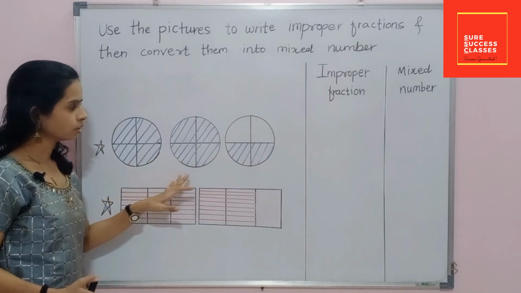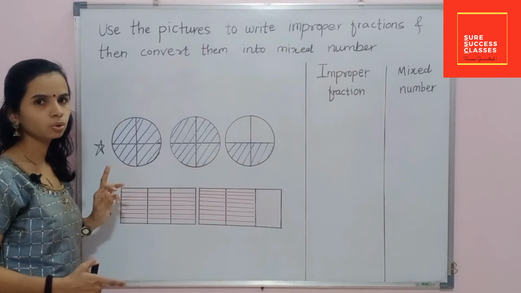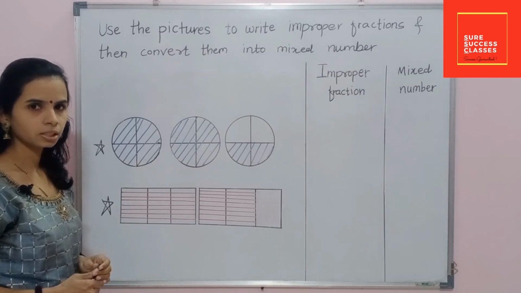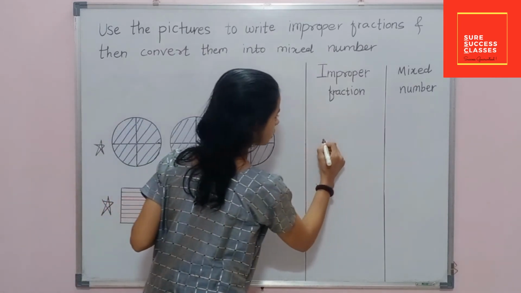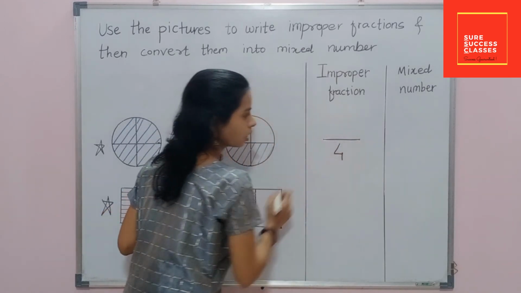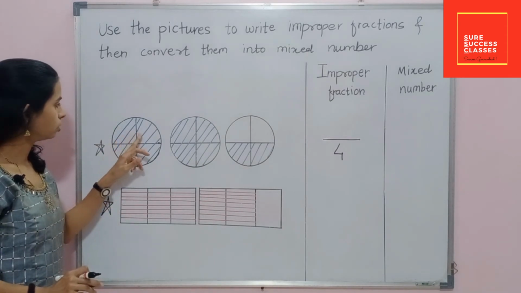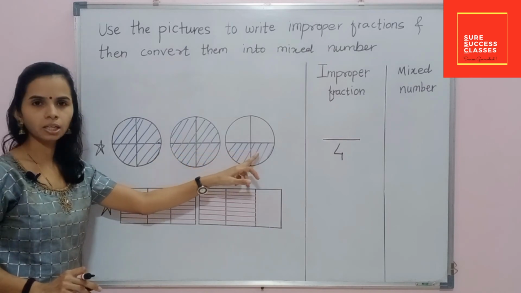First, in this figure circles are given and each circle is divided into 4 equal parts. So here denominator will be 4 and considered parts are 1 2 3 4 5 6 7 8 9 10.